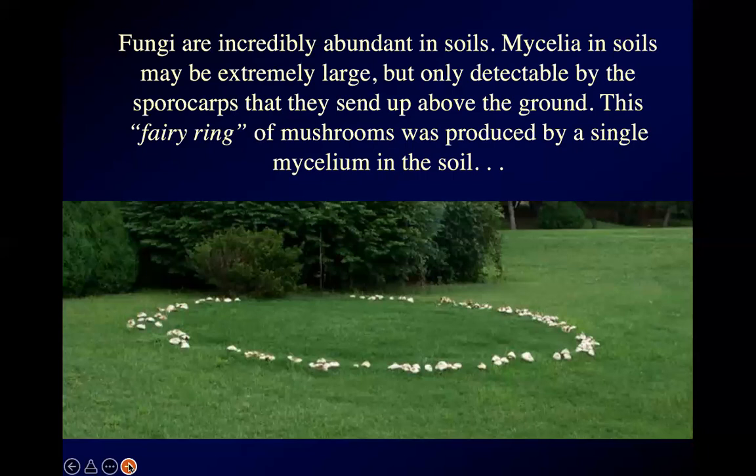What's really happening is that whole circular patch of soil has a particular fungus growing in it as a mycelium. And at the edges of the patch of soil where the mycelium is growing, that mycelium is sending up a whole bunch of sporocarps.